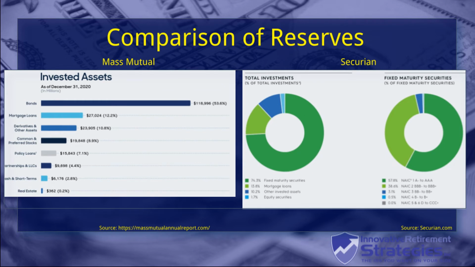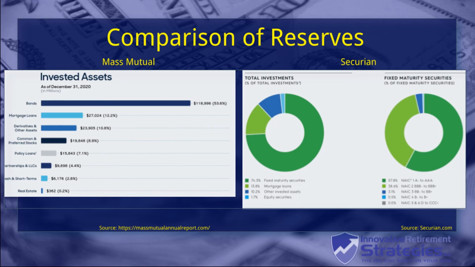And I'm not going to pass judgment on which one is better than the other, because primarily I don't want to have to talk to the attorneys from either one of those companies. So you need to make your own judgment call on what you think is a safe and realistic or strong portfolio.